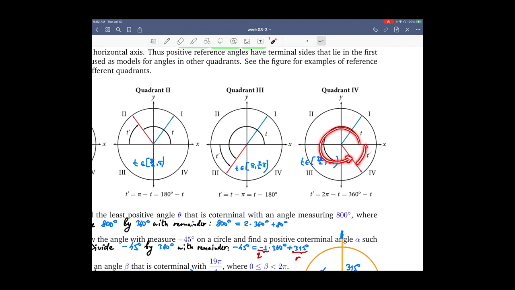The arrow must be in that direction because the angle must be positive, so the arrow must be pointing in counterclockwise direction. So this reference angle t prime is full revolution 2 pi minus the angle t, so 2 pi minus t.